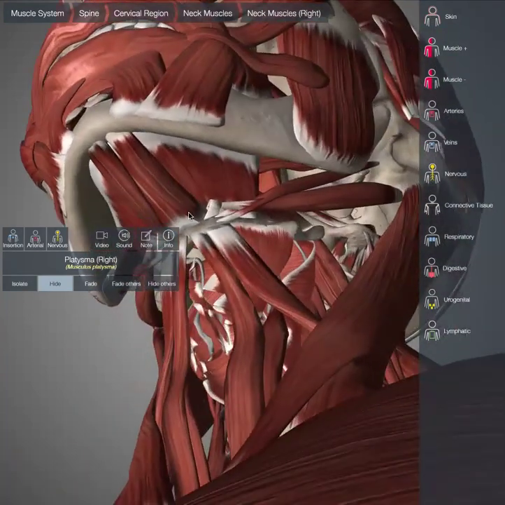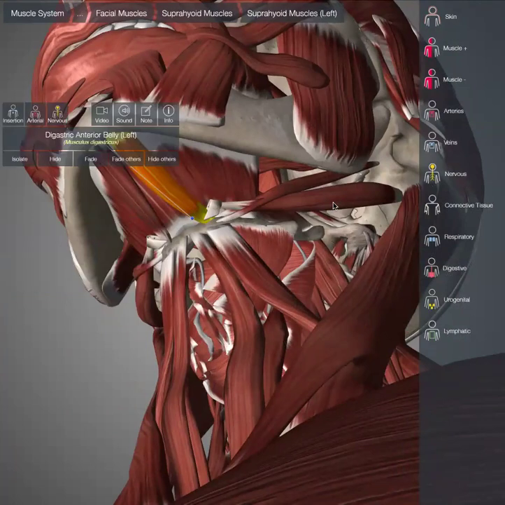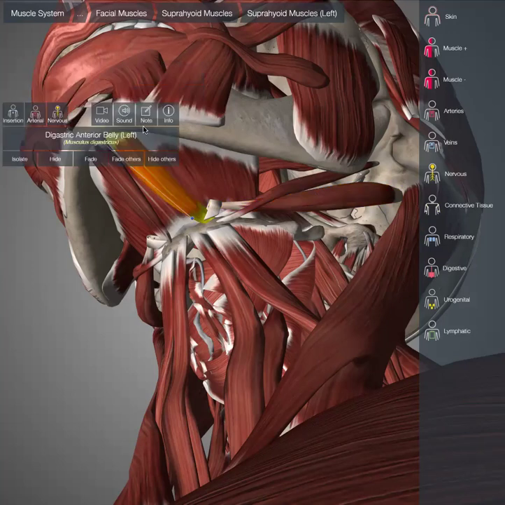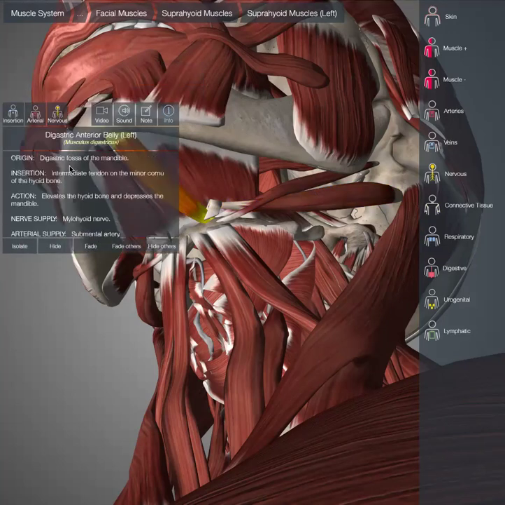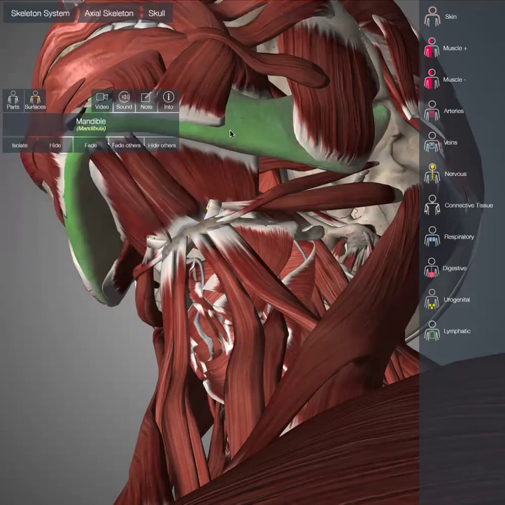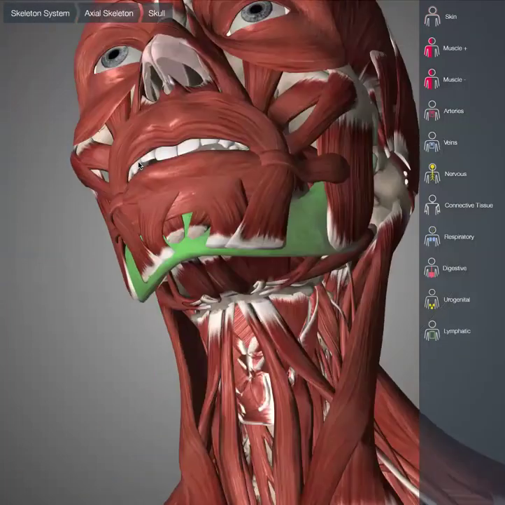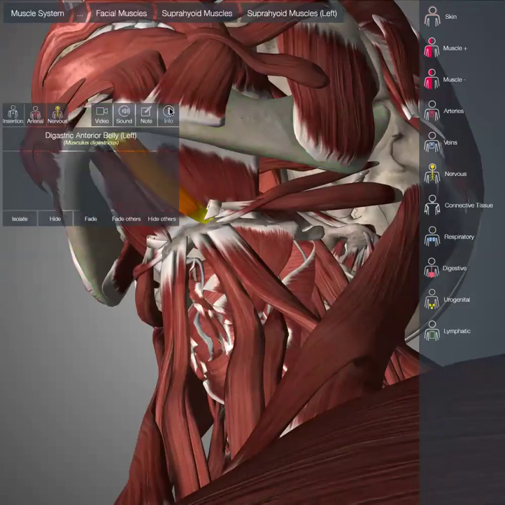The digastric muscle. You have the anterior belly and the posterior belly. Now, the anterior belly comes out of the digastric fossa. Remember, there's a digastric fossa on the mandible.